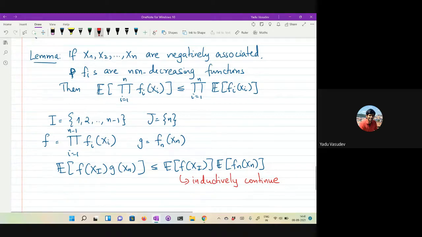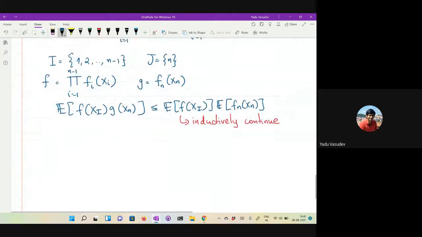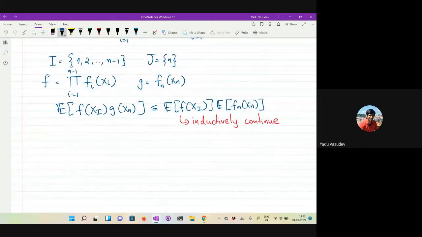So in particular, this means the following. This is the Chernoff bounds.